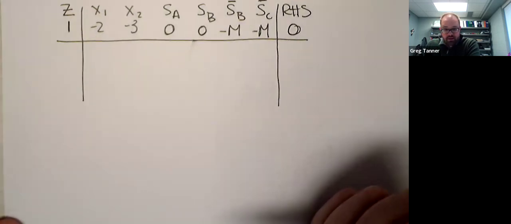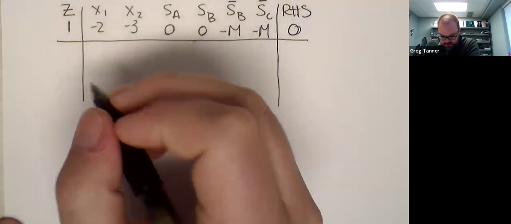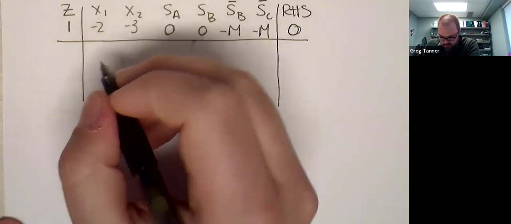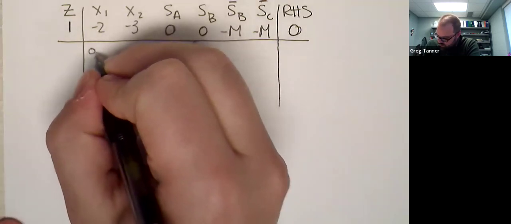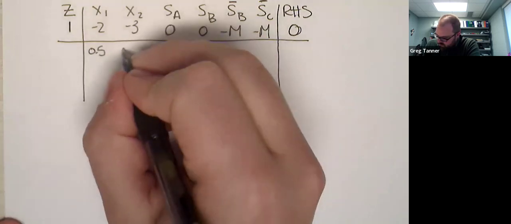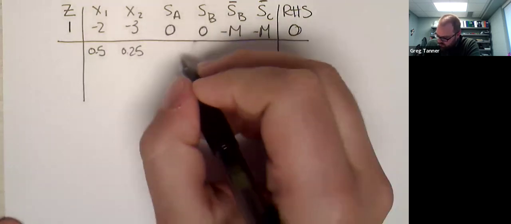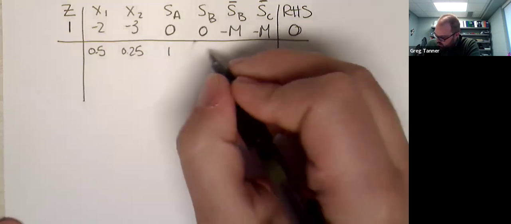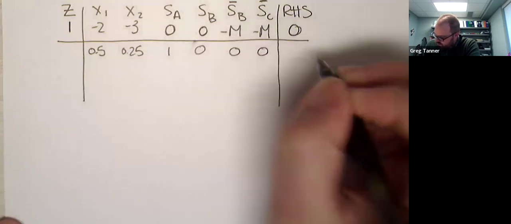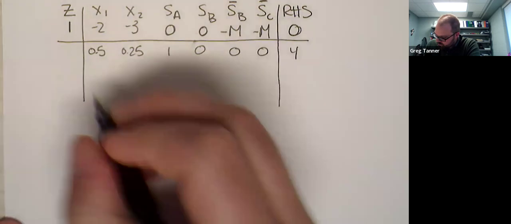So, let me go ahead and copy down my constraints. So let's see. 0.5, 0.25, 1, 0, 0, 0, 4.